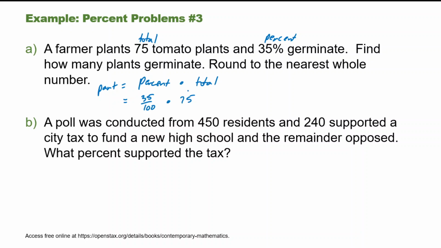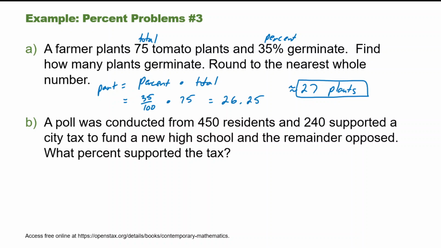So now let's just calculate that. 35 divided by 100 times 75 is 26.25. Now this is why the question asks us to round to the nearest whole number. So 26.25 would round to 26 plants germinate.